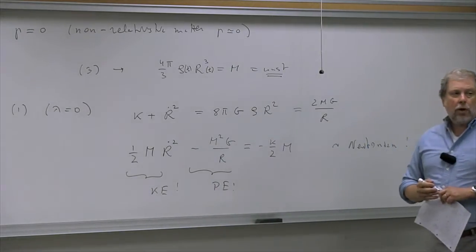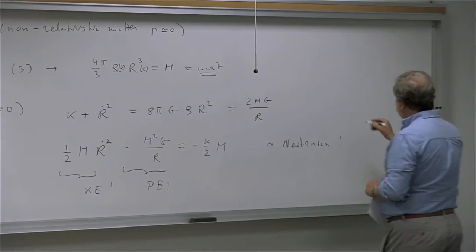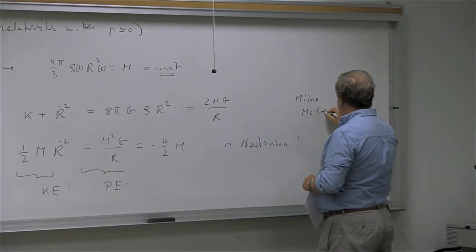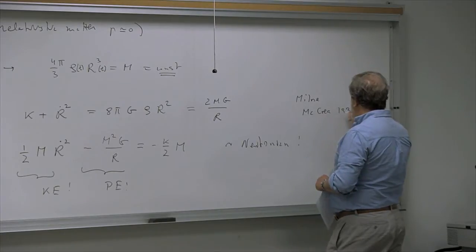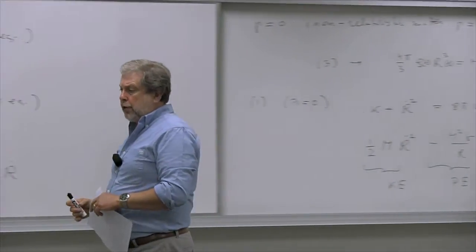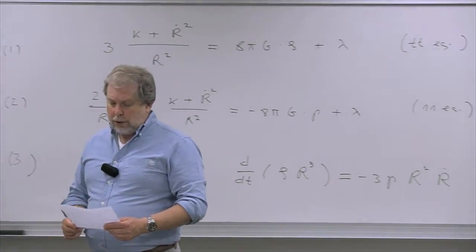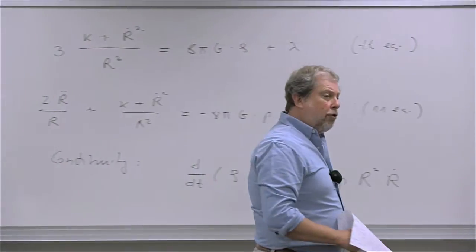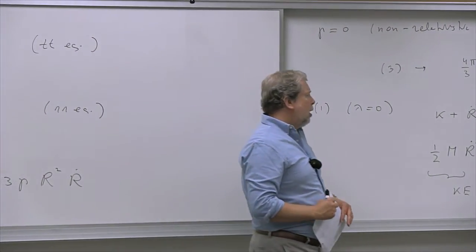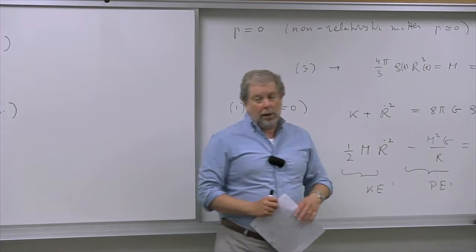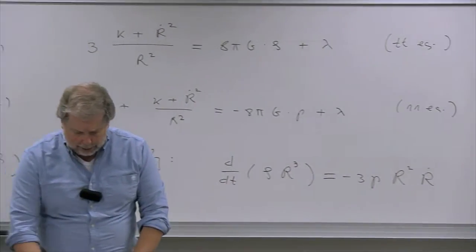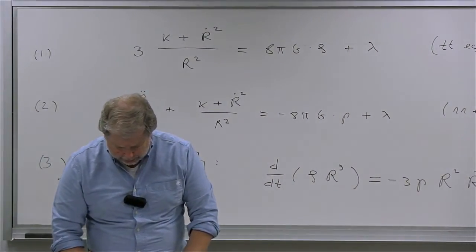And in fact, it was Milne and McCrea that in 1935 showed that under suitable conditions, the equations for the Robertson-Walker metric that you get from the Einstein field equations for the scale factor, you can derive exactly the same equation using Newtonian physics and they end up being the same form if you consider a gas cloud that is homogeneous and isotropic.